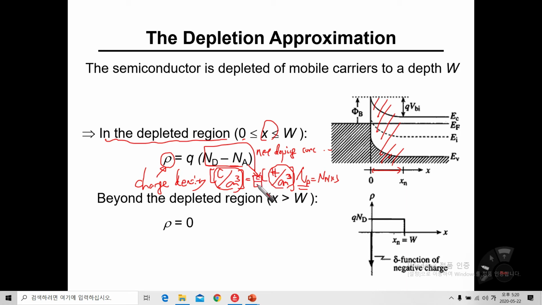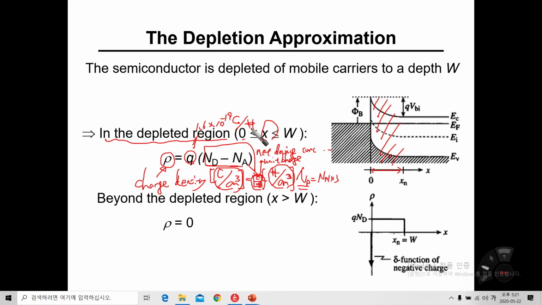Yes, Coulomb over number. What is this? Coulomb per number. Yes, unit charge. So small q, that is 1.6 times 10 to the minus 19 Coulomb.